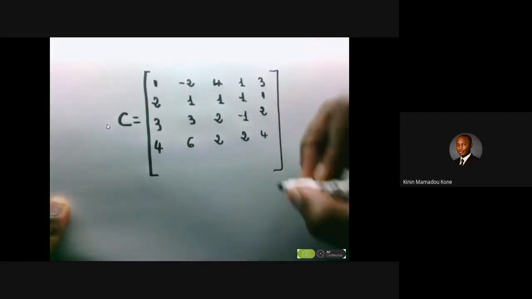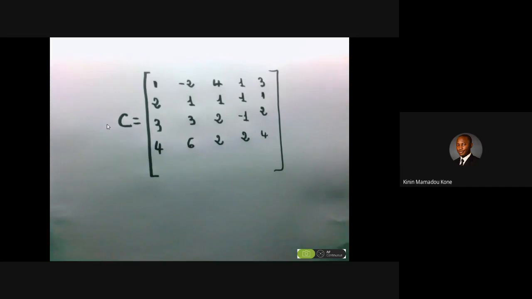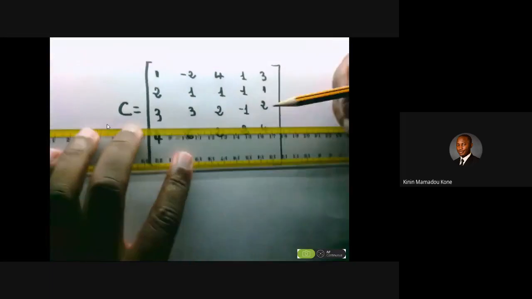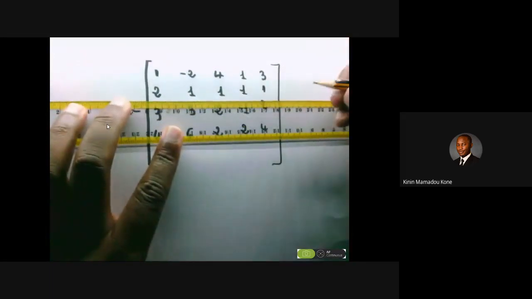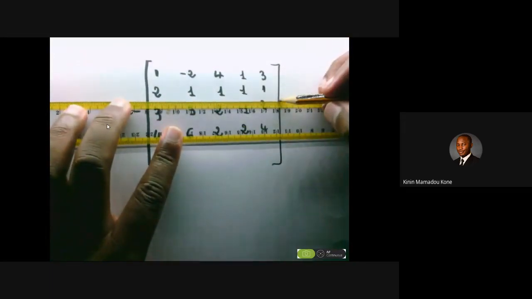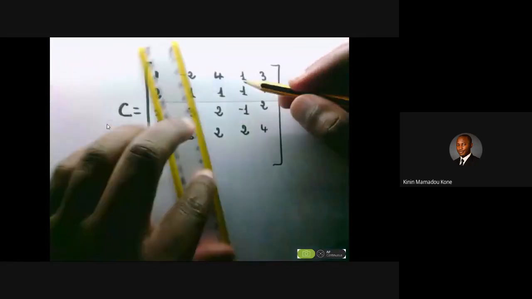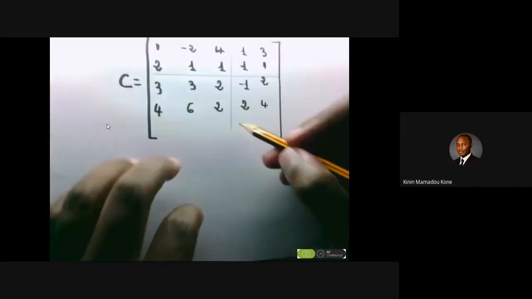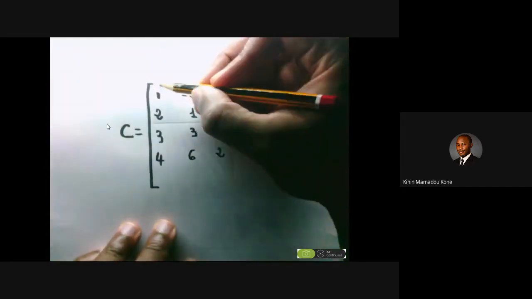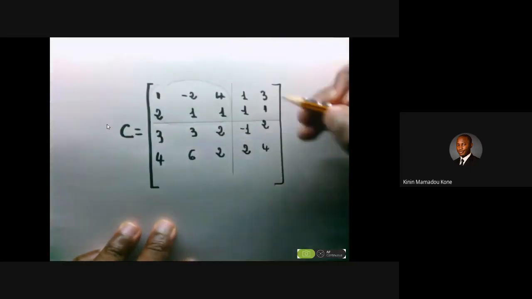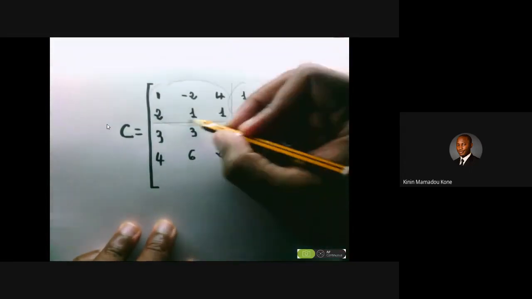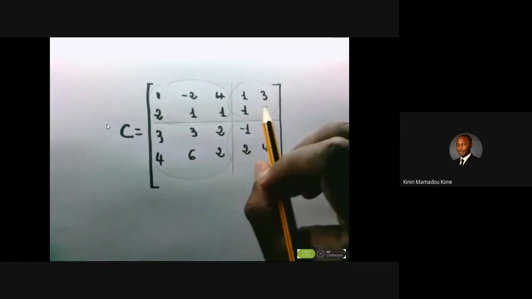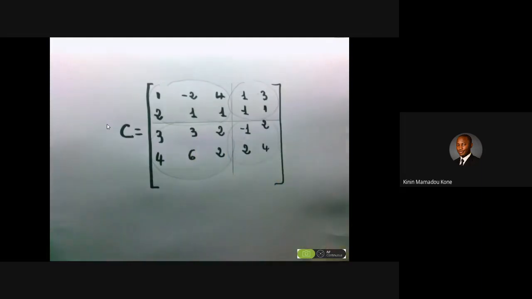Let's say you have a giant matrix like this one and you want to partition it. What you can do is use a horizontal line like this one and a vertical line like this one. That's one way of partitioning it. So this is one matrix, this is another, this is another, and this is another. We partition this giant matrix into 4 parts.